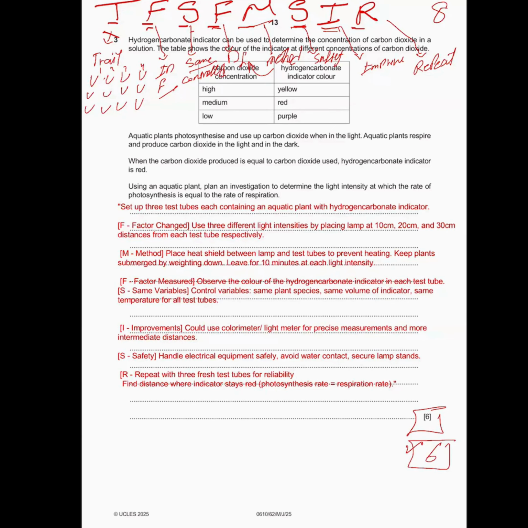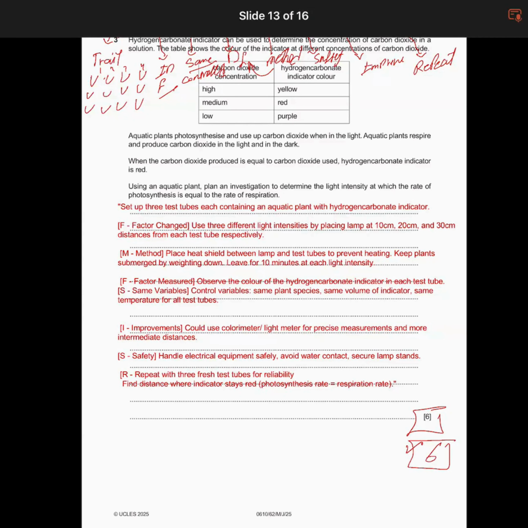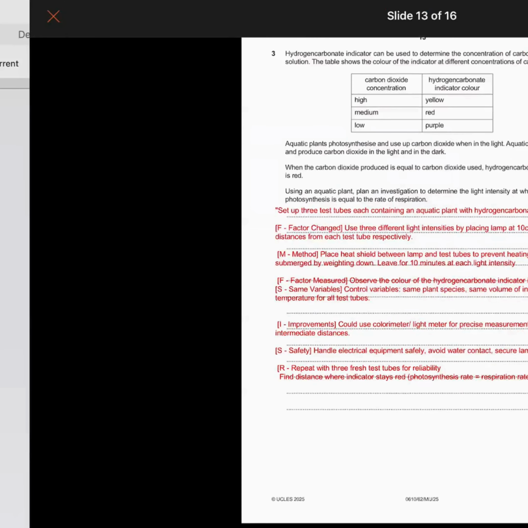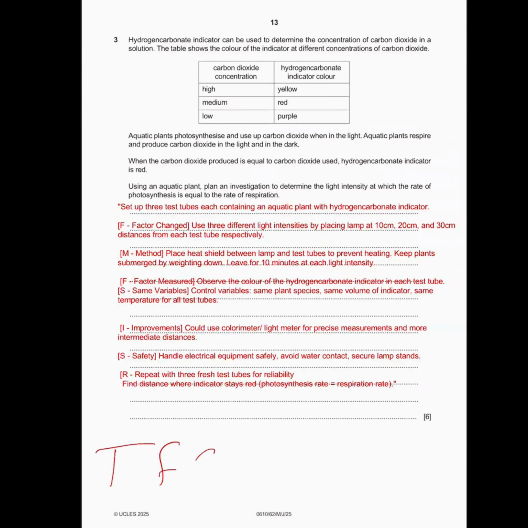Okay, how to answer this question? Many super incredible rewards. The first one is trials. Hydrogen carbonate indicator can be used to determine the concentration of carbon dioxide in a solution. If the carbon dioxide concentration is high, the color is yellow. If it is medium, the color is red.